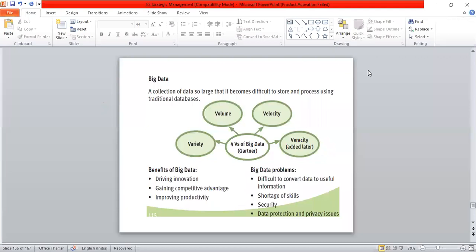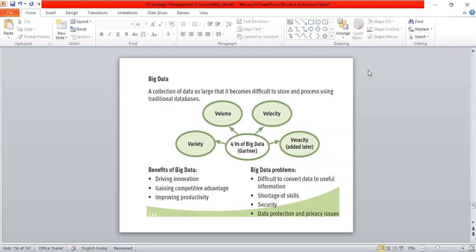Then volume is large, that we understand. Velocity is the speed with which these data can be processed. So simultaneously multiple sets of data can be processed with the help of big data. So the speed with which it can be processed is quite high.